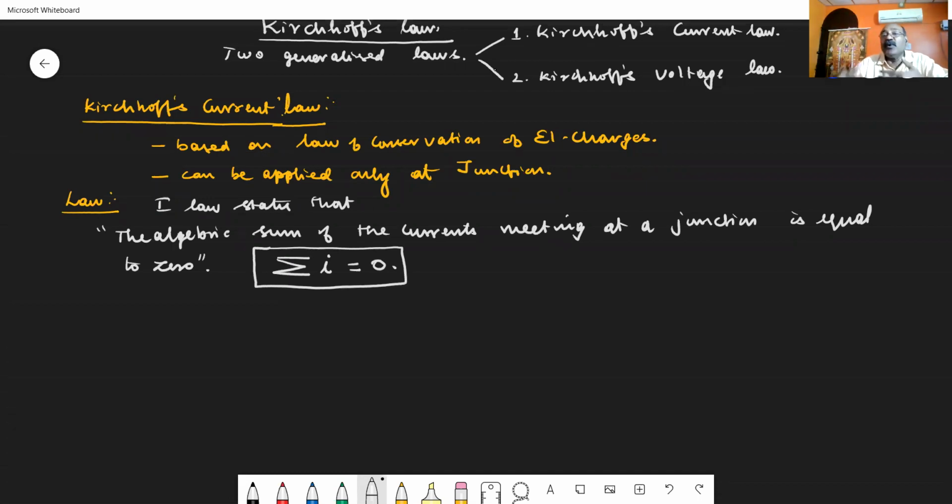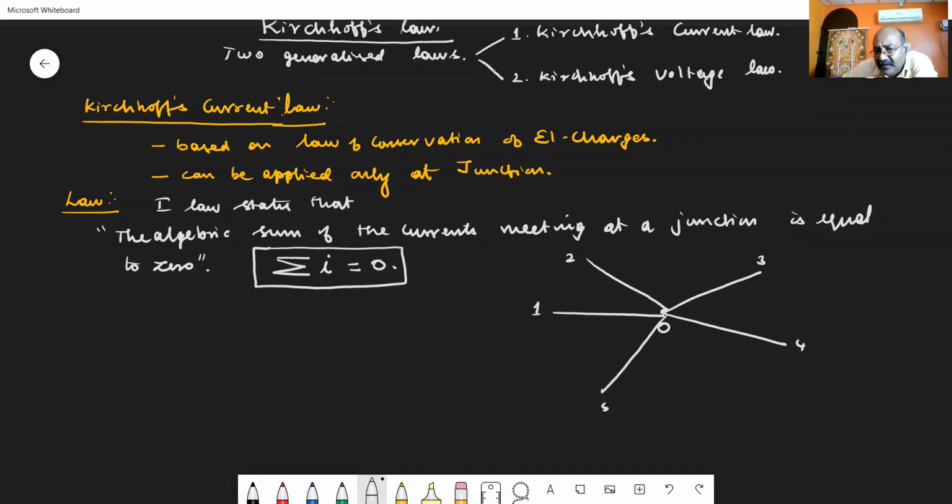How can I explain this? Let us consider an example, a junction O. At this junction point O, some conductors are meeting. Let us consider the conductors as 1, 2, 3, 4, and 5, in which there is a flow of electrical current.